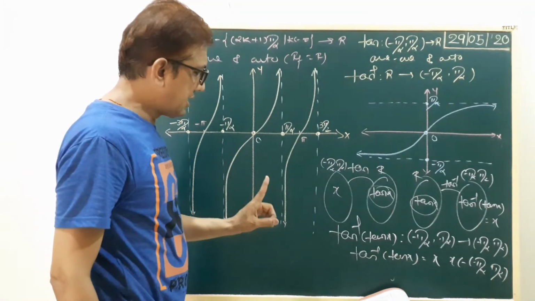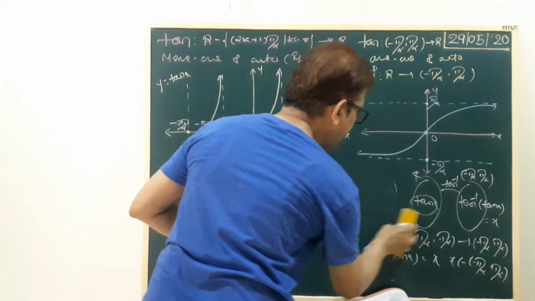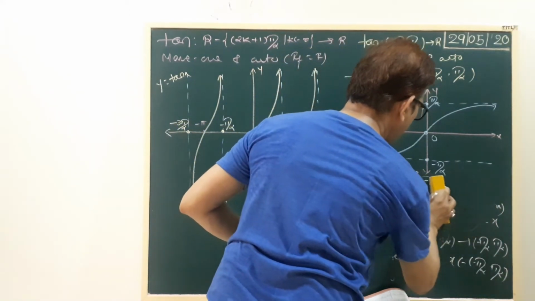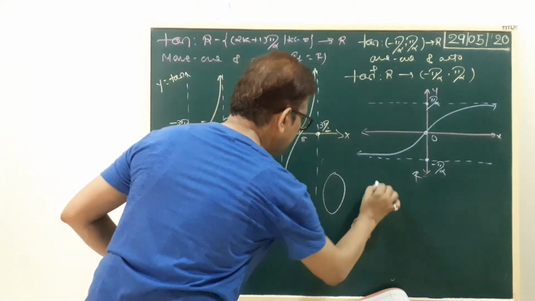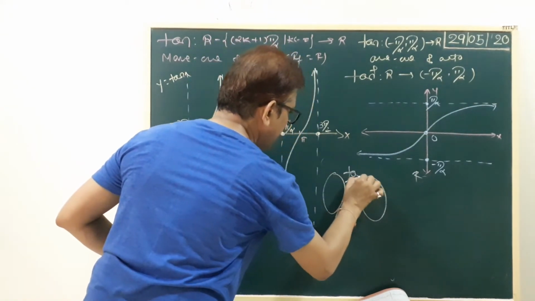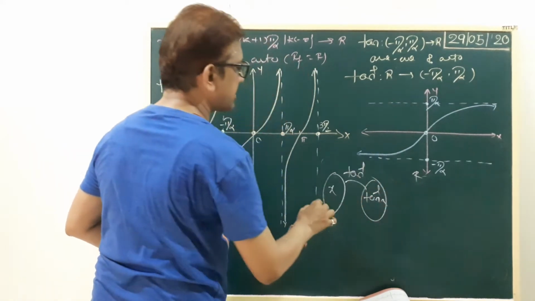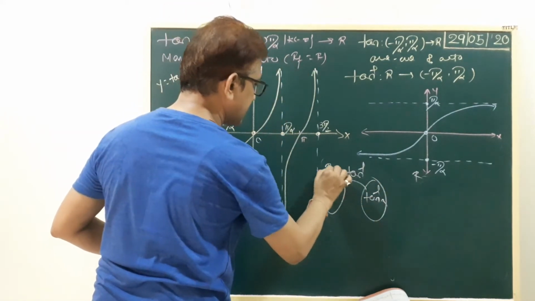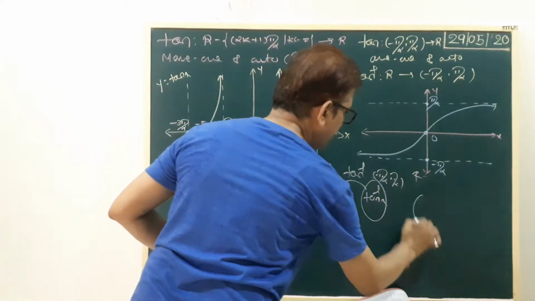Okay, clear? Converse. Now we discuss tan. First we draw the tan inverse. This is your tan inverse x. Here tan inverse's domain is R and here the codomain is minus pi by 2 to pi by 2.